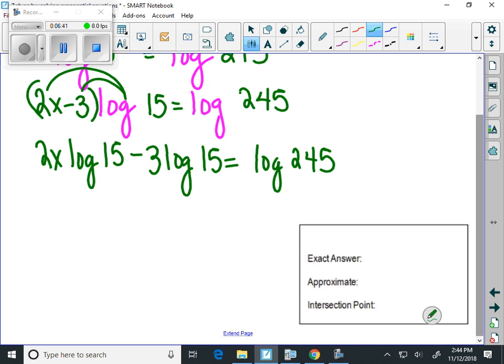Well, our goal here is to solve for x, so we need to get the x term by itself. So we're going to add 3 log 15 to both sides.